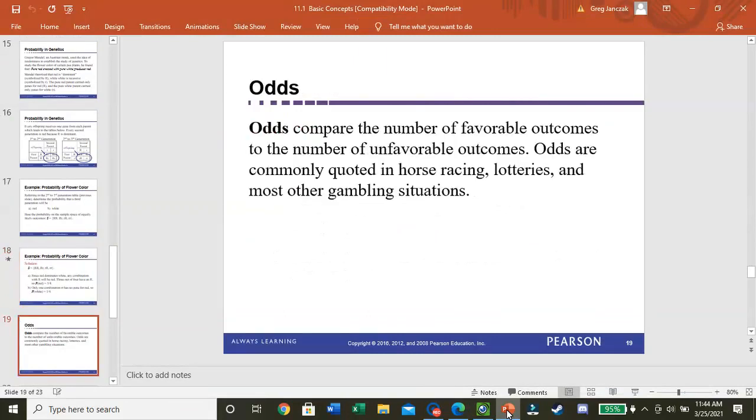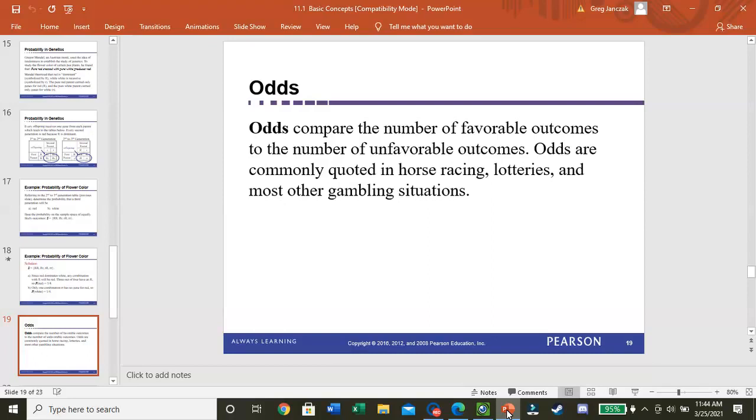Okay, next, odds. Odds are different than probability. Odds compare the number of favorable to the number of unfavorable outcomes. So odds are commonly used at the racetrack.